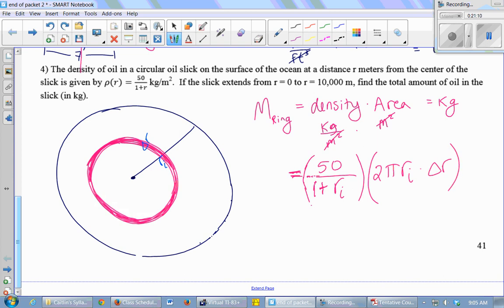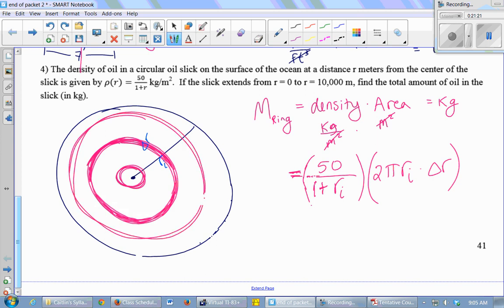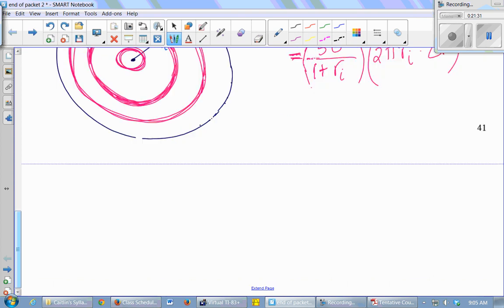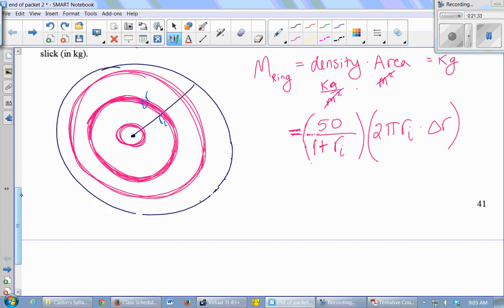So then I'm going to have a whole bunch of these concentric circles. One here at a different r sub i, this might be like r sub 4, and then one out here at a different r sub i, that might be like r sub 8 or something. And I want to add up the masses of all these rings.